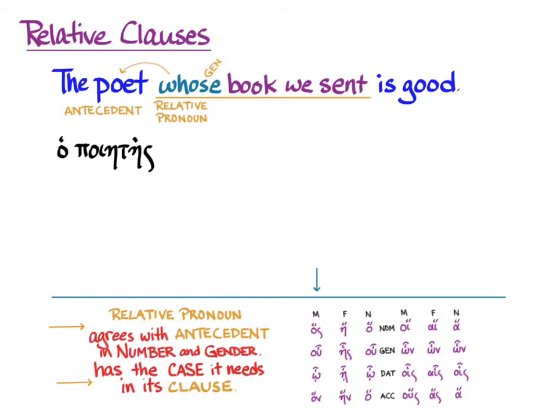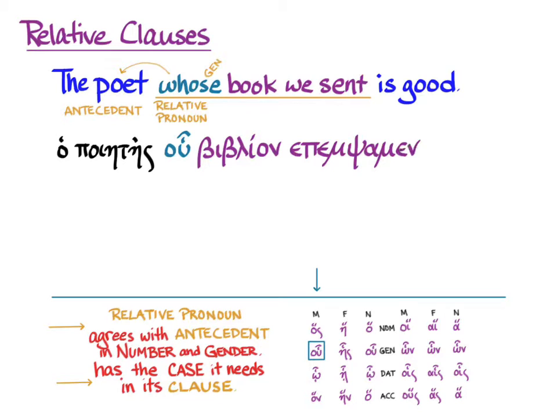Since whose is the possessive in its clause, we'll use the genitive masculine singular. So we'll put up hou, and then the rest of the relative clause, and then the end of the main clause, kalos again. And we get ho poiētēs hou biblion epempsamen kalos, the poet whose book we sent is good.